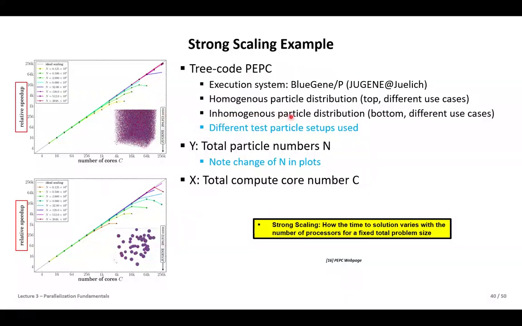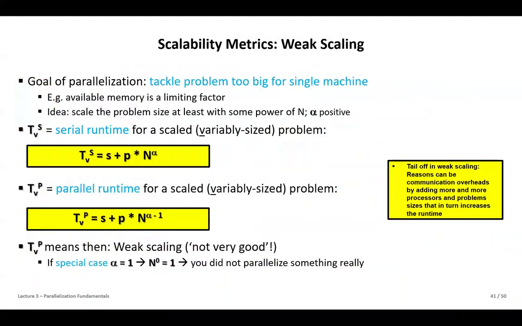And then the inhomogeneous particle distributions at the bottom, a different use case, where the space is very different, with elements where the long range interaction between particles would matter much more than maybe the local one. So this is the time to solution, how it varies with the number of processes for a fixed total problem size, which is the official definition.